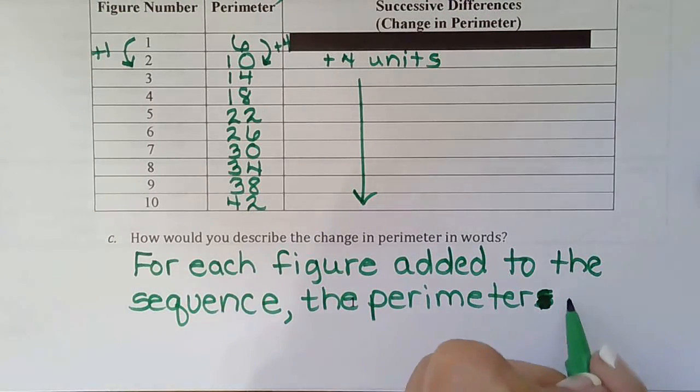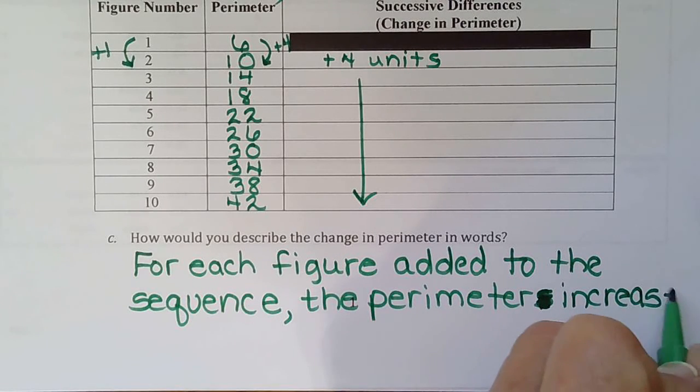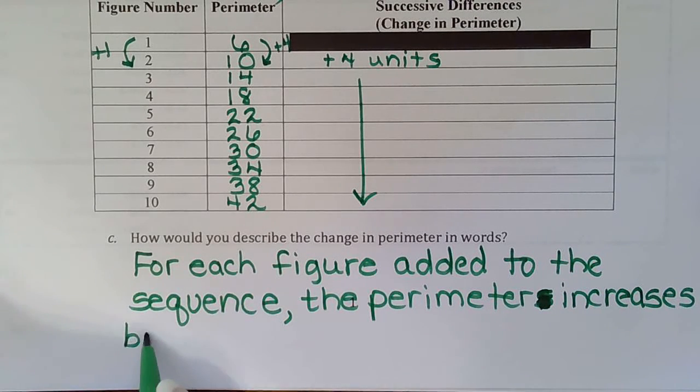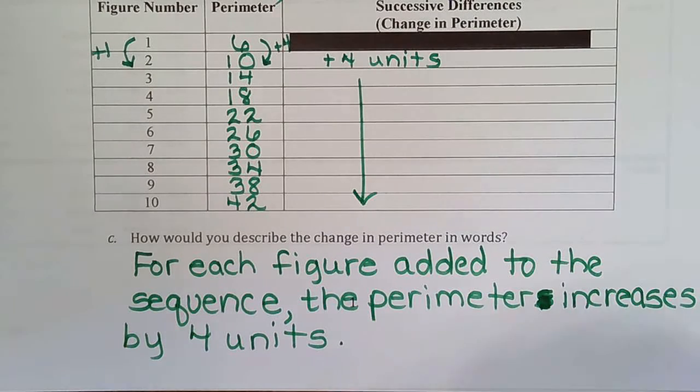So the perimeter increases by 4 units. So for each figure added to the sequence, the perimeter increases by 4 units.